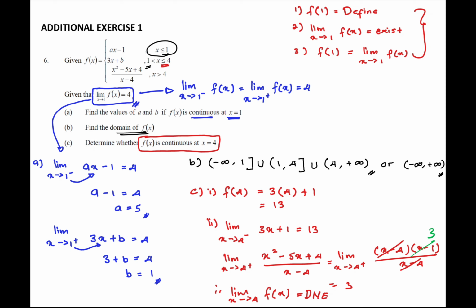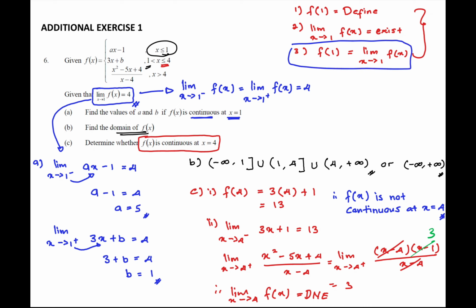Since the limit does not exist, we can conclude that f(x) is not continuous at x equal to 4. So that is the answer. No need to check the third condition because the limit already does not exist.